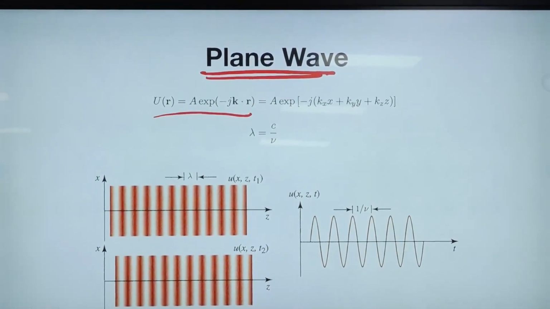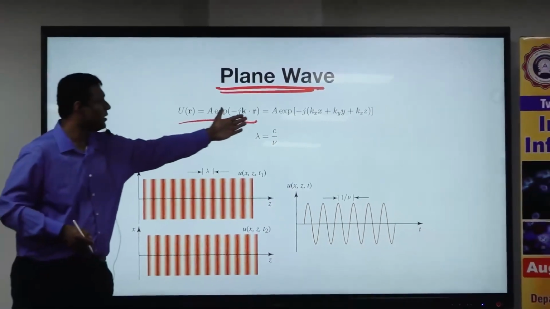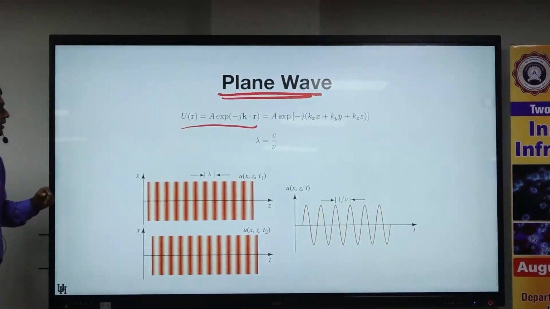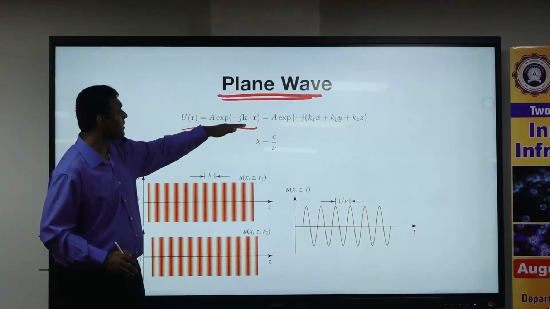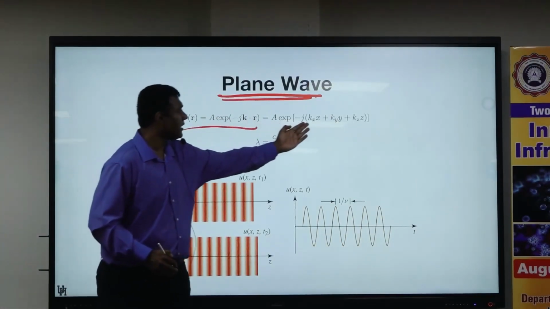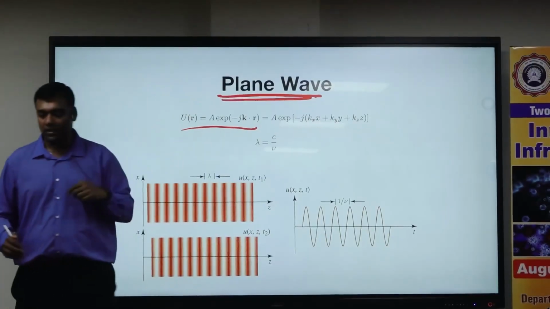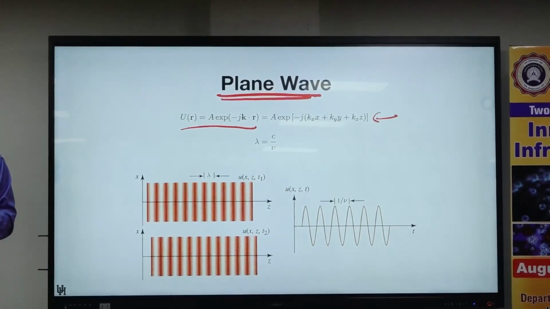Okay. So the plane wave can be written in this particular form: some amplitude times e to the minus j times k dot r, where k dot r has kx x, ky y, kz z. This is the equation of a plane wave. What it looks like is probably more important for us.